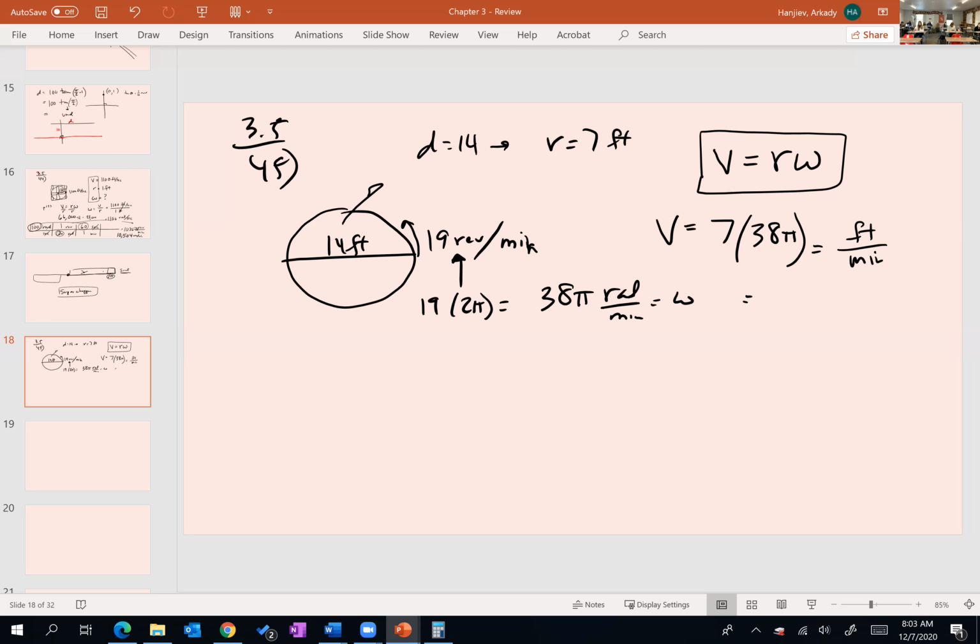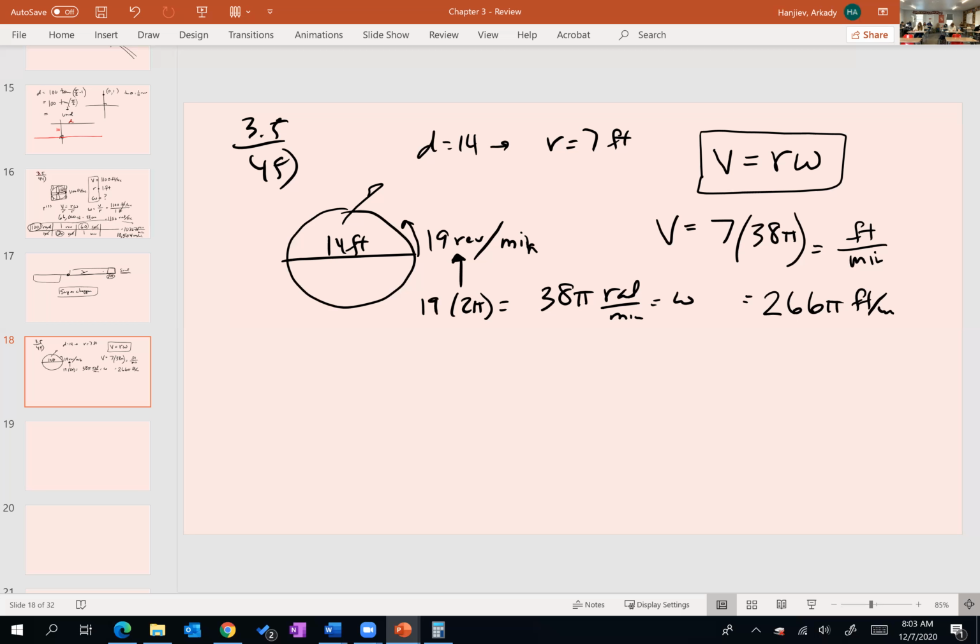Don't multiply the pi in, just the 7 times 38 to give us an exact value. I got 266. Say again. 266. Is that right? 266. Feet per minute. Awesome. Okay.